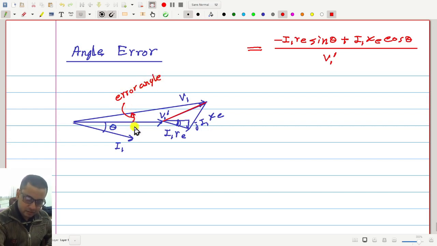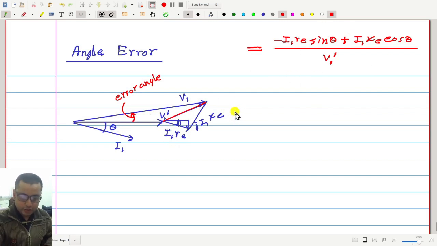If this quantity comes out to be positive, then this error angle will be upwards. That means the true value will be leading the measured value by this amount.